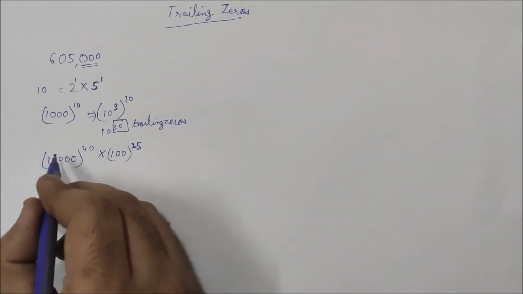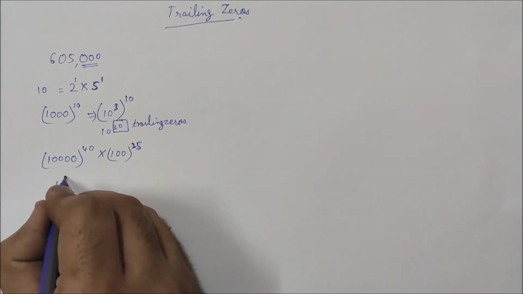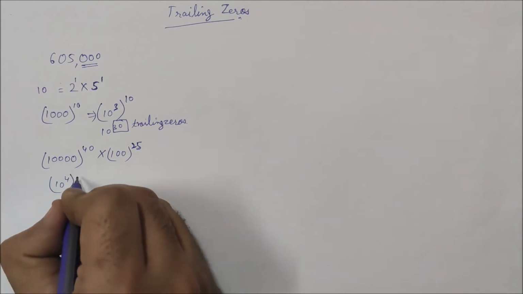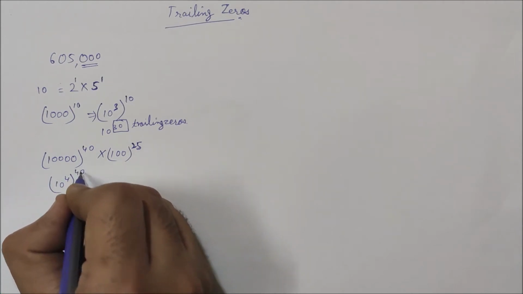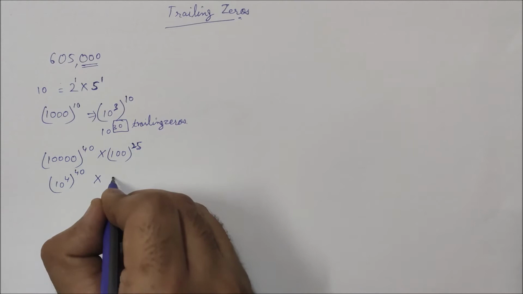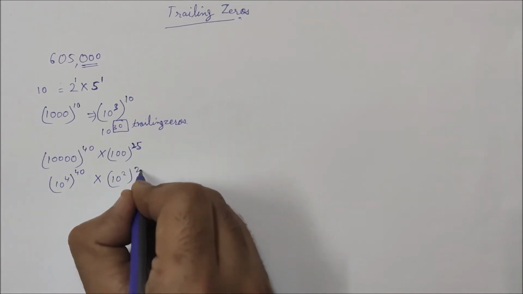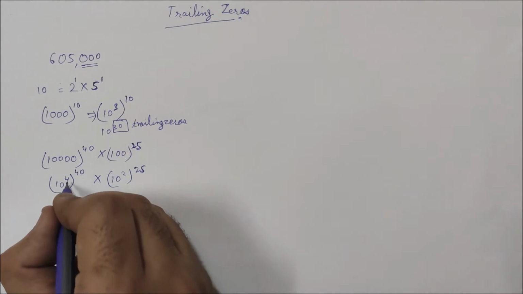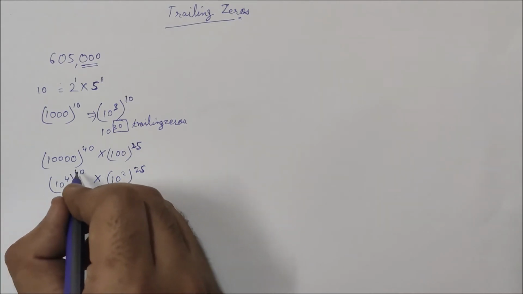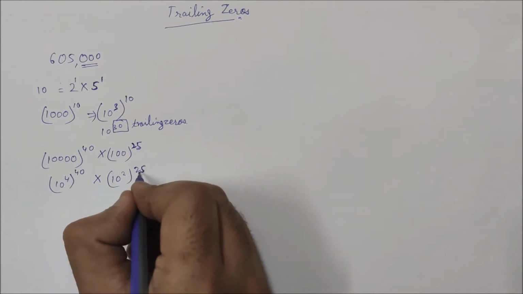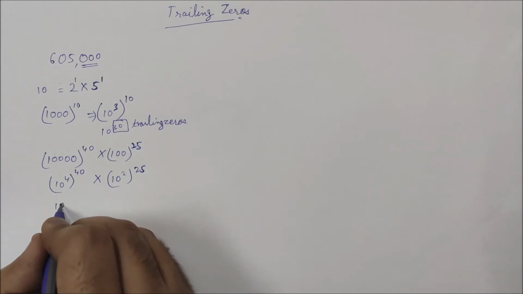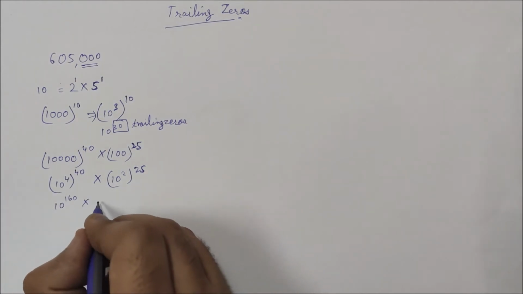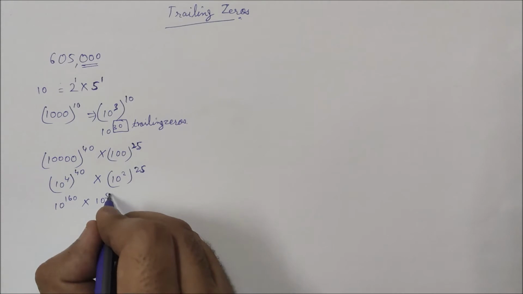So I can write 10,000 as 10 to the power 4. 10 to the power 4 raised to the power 40 multiplied by 10 square raised to the power 25. Following the rule of indices, this 4 will be multiplied with this 40 and 2 will be multiplied with 25. So I'll get 10 to the power 160 multiplied by 10 to the power 50.